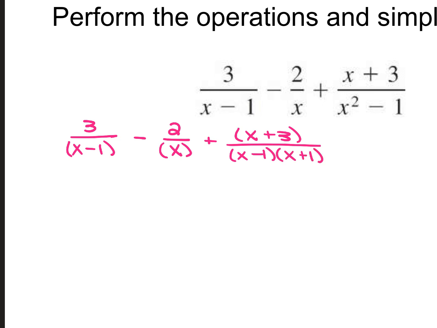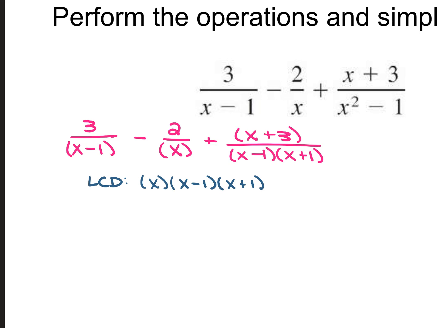So looking at these three fractions all together, your least common denominator is x times x minus 1 times x plus 1. The first fraction does not have the x or the x plus 1 in the denominator.